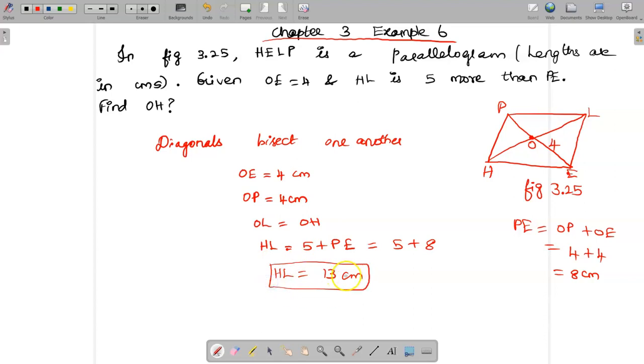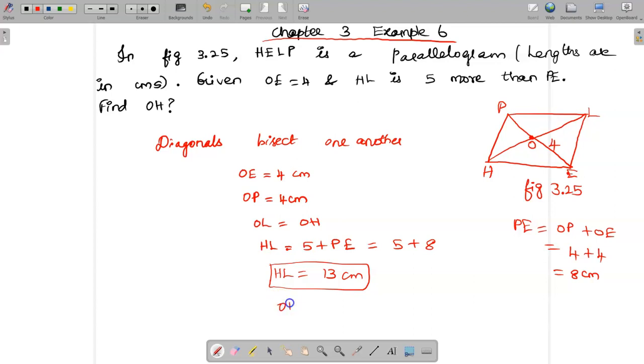Using this I can find out what OH and OL are. Since HL is 13, this is the whole value, and PE is dividing HL into two equal parts. So definitely I can find OH or OL.